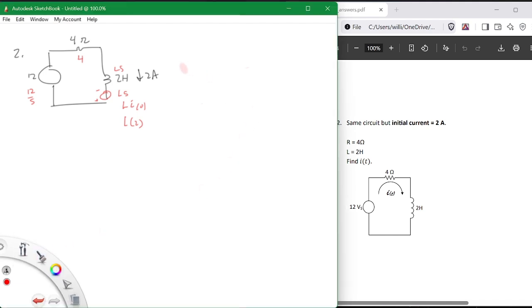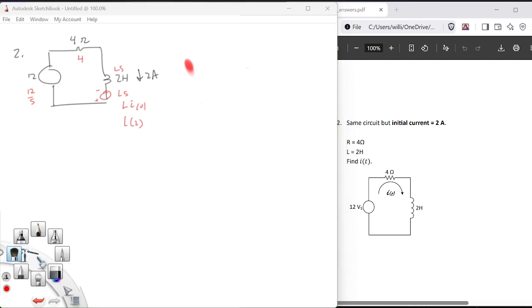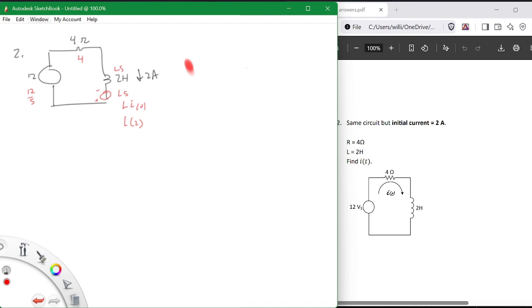So the answer to I: I is equal to voltage, which is 12 over S, plus L times 2, which is 2 times 2, so 4, all that over my resistance, which is 4 plus LS, or 2 plus 2S.